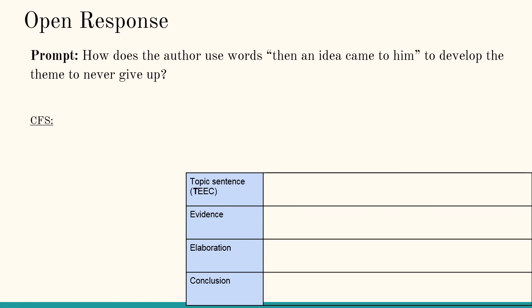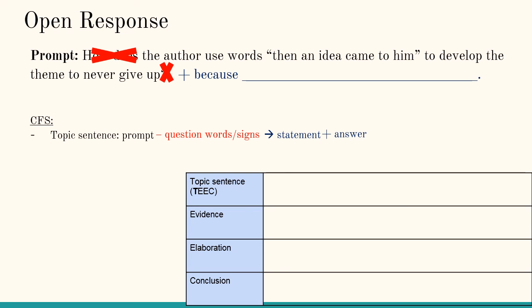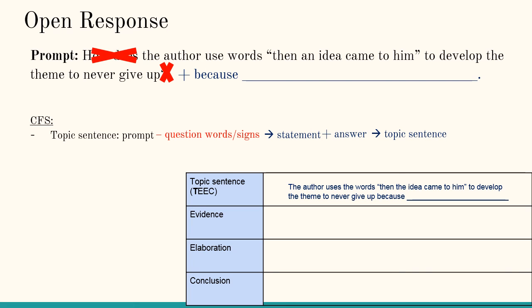To be successful on this prompt, you want to start out with a topic sentence. You build a strong one by looking at the prompt and removing any question words or symbols that you see. That question will then become a statement. Once you have that statement, that's kind of your sentence stem. When you add an answer to that statement, you've created a complete topic sentence.